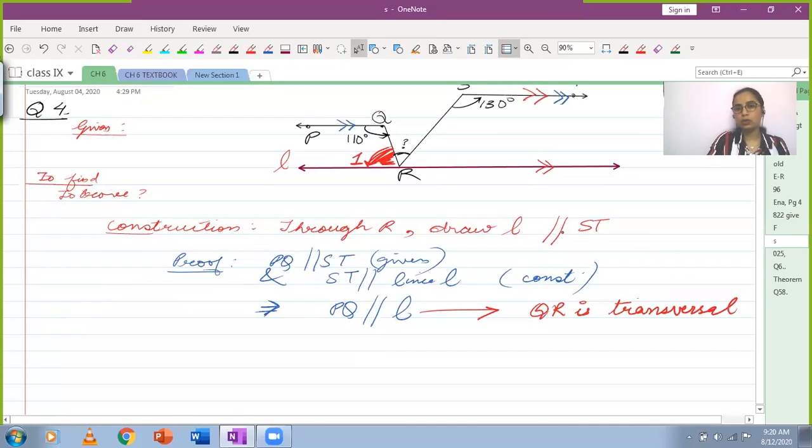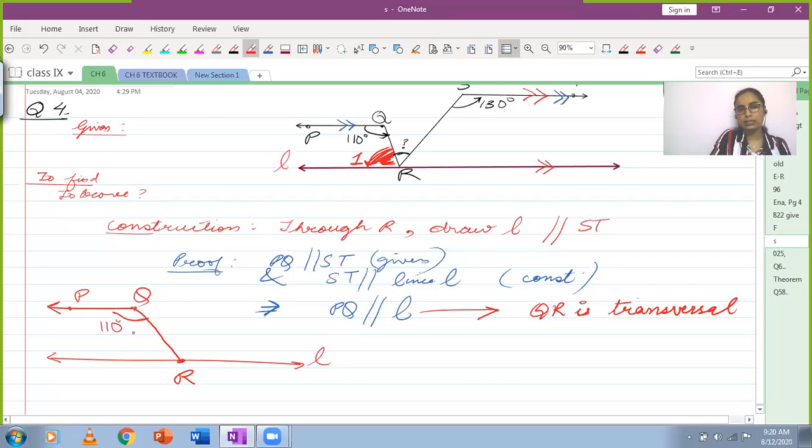If you focus on this portion of the figure, only the one on the left. So this here is PQ, and on the bottom you have L, and this is how these are connected. यहाँ पे आपका 110 degrees है और यहाँ पे मैंने 1 मार्क किया है. Can you find out angle 1? 70 degrees.